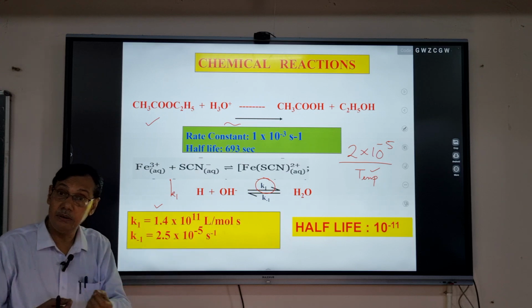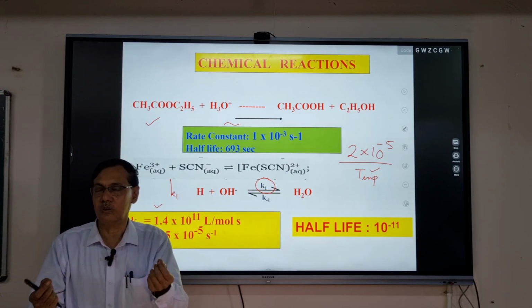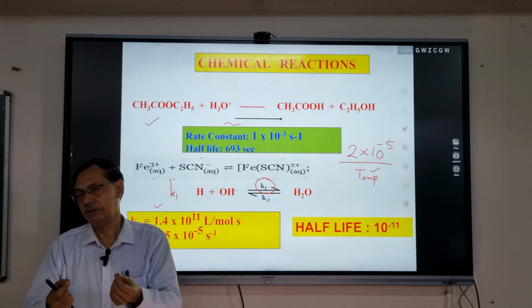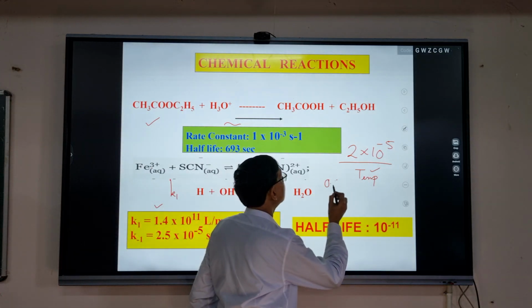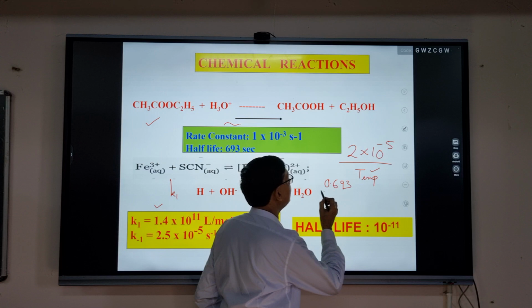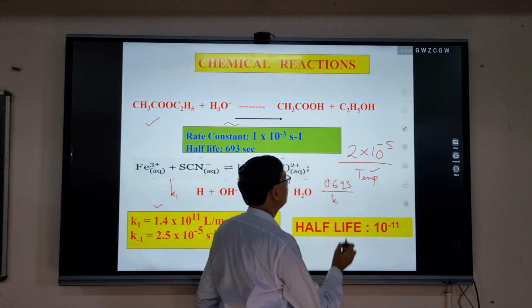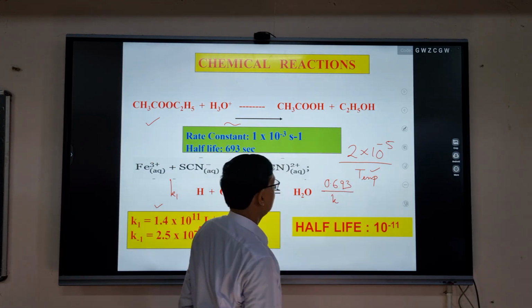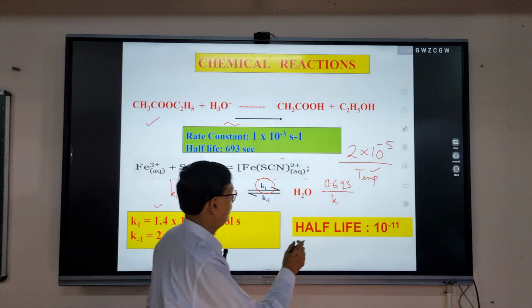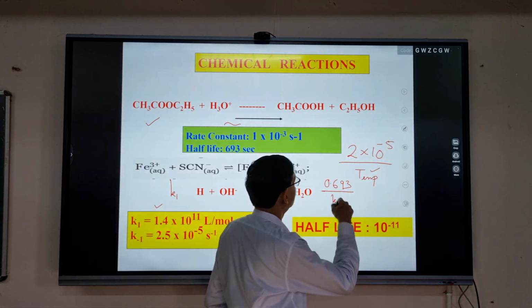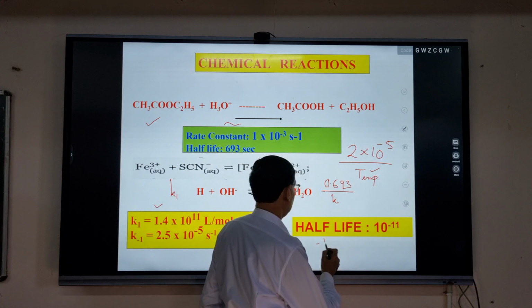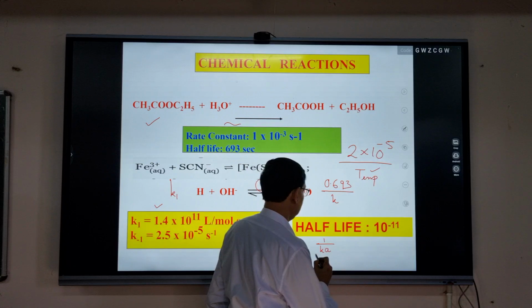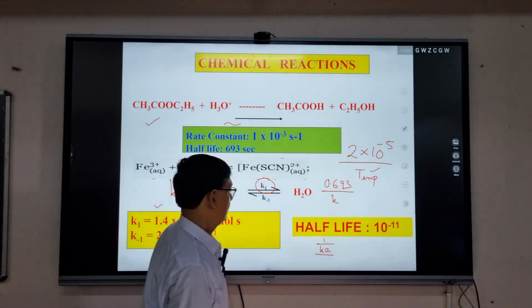Now if I calculate, just like your half-life period, if it is first order, you know that it is 0.693 divided by K. Or if it is second order, it is 1 divided by K and A, the initial concentration.